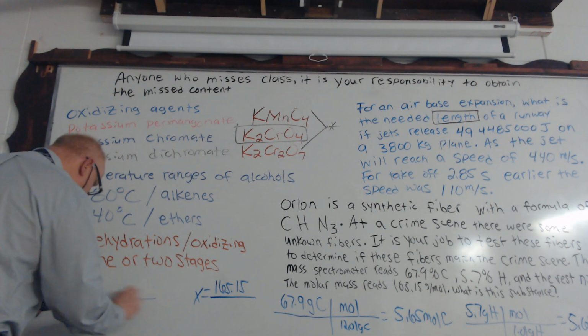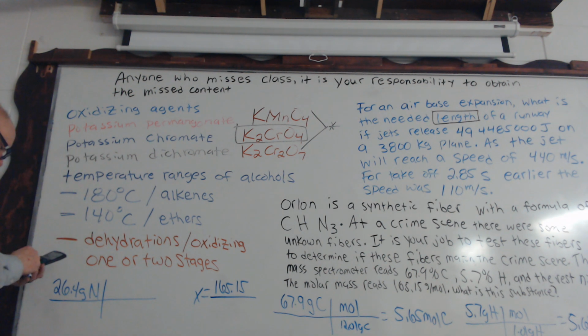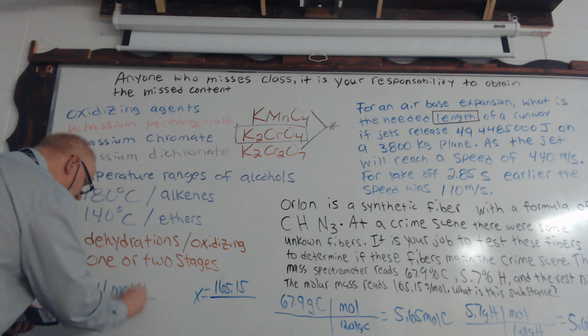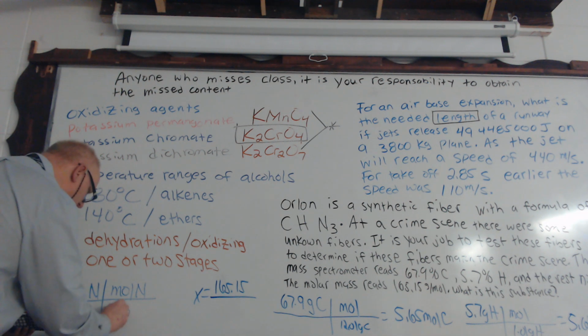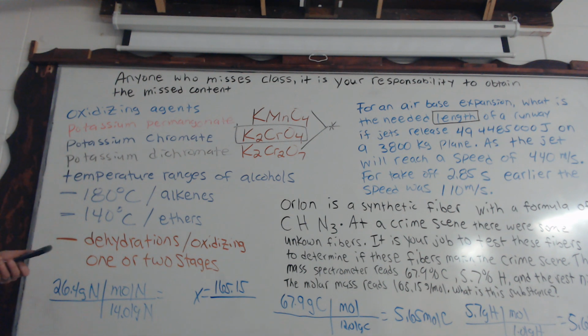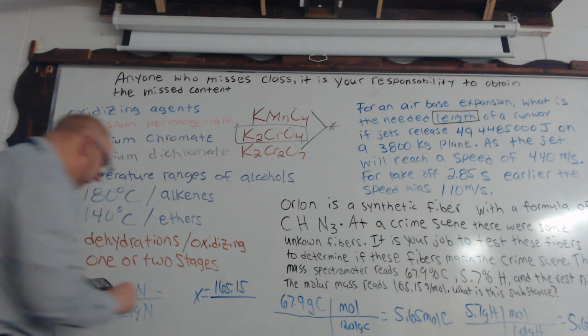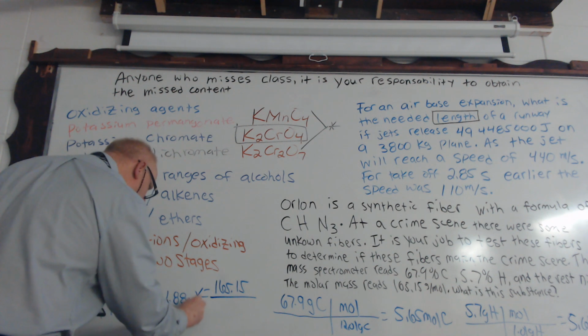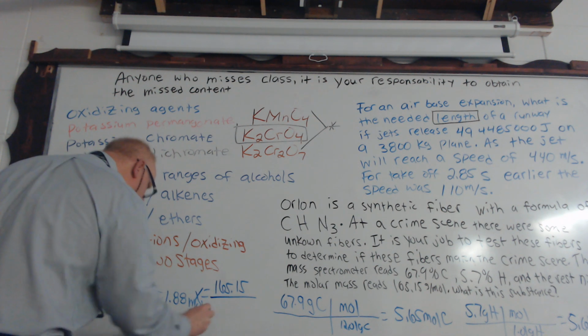We want to change that to moles now too. We know for every mole of nitrogen, you get 14.01 grams of nitrogen. Okay, 26.4 divided by 14.01 gives you 1.88 moles of nitrogen.